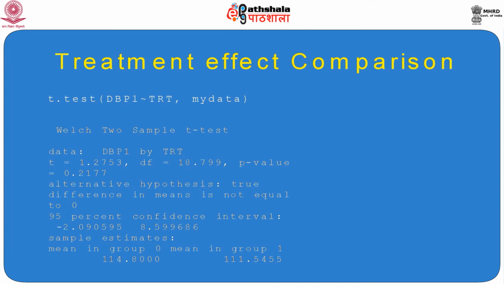It shows minus 2.09 to 8.59, and the mean in group 0 was 114.80 and the mean in group 1 was 111.54. So these means are not significantly different.